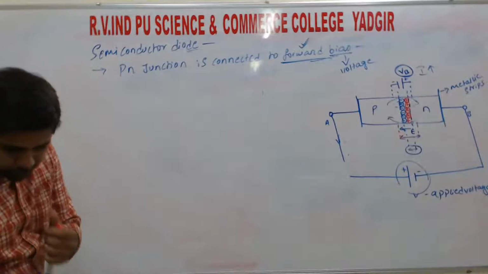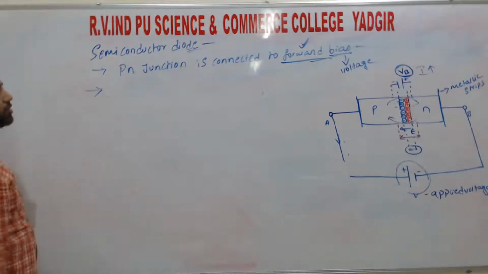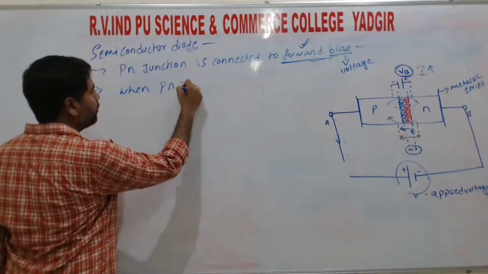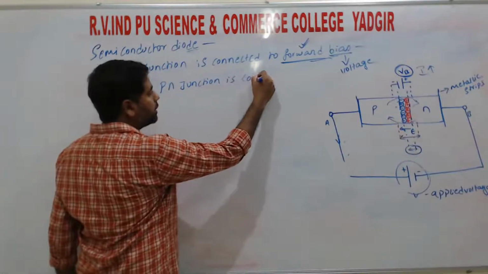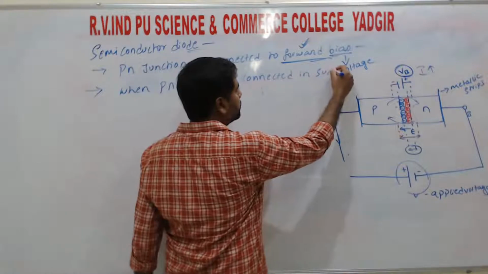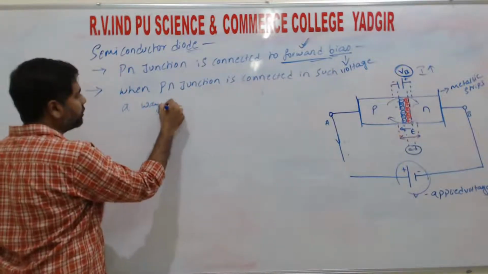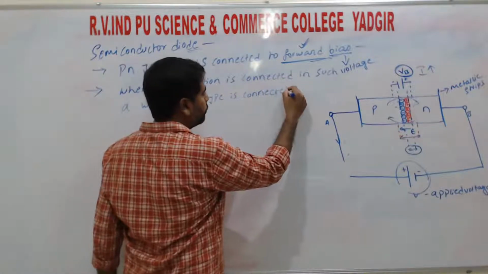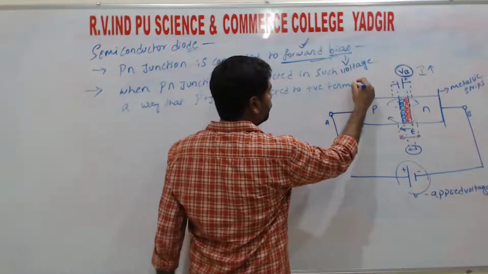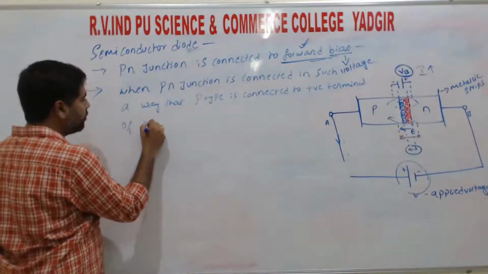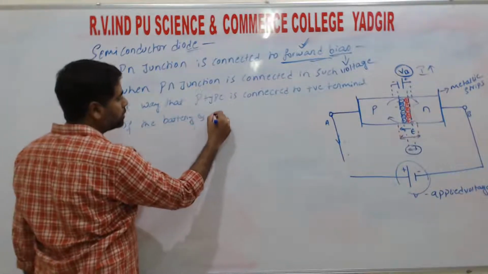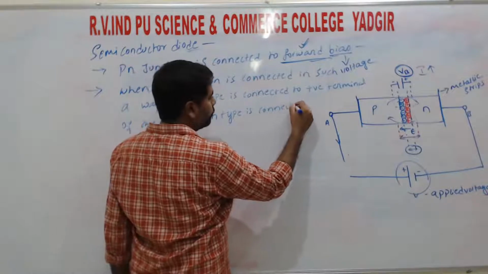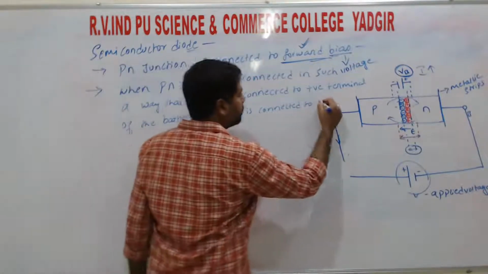So the first point is, when we say that one is forward bias, the PN junction is connected in such a way that the P type is connected to the positive terminal of the battery and the N type is connected to the negative terminal of the battery.